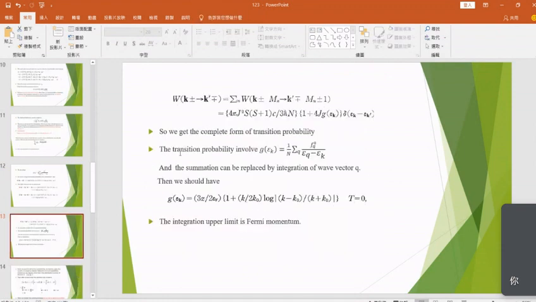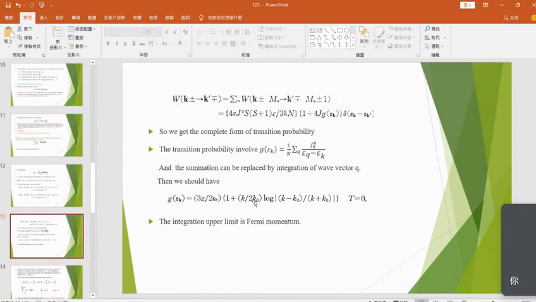So we can combine all of the transition rates. It looks like this. And then this G function we need to derive from this expression, so we take the continuous limit.